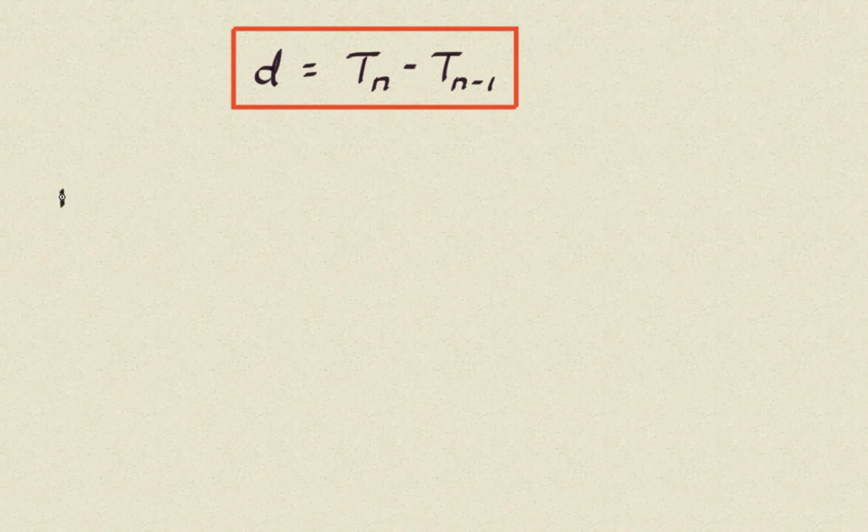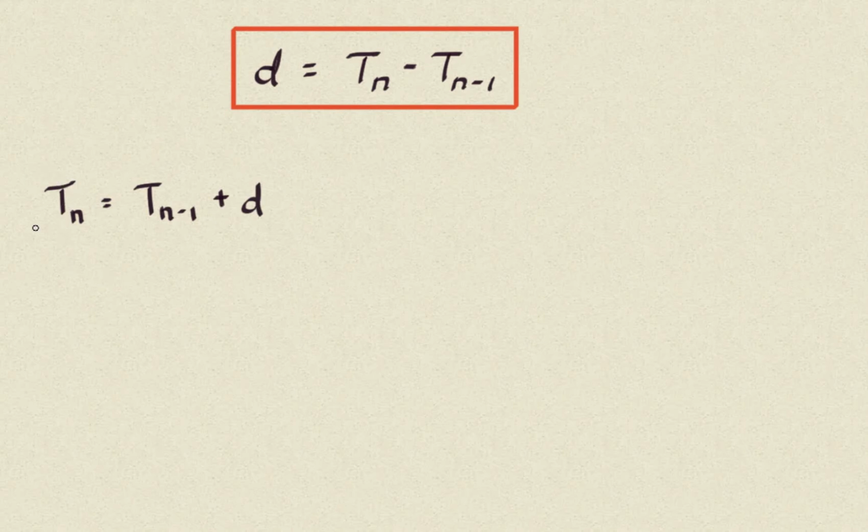So Tn would be equal to, and if we add this t of n minus 1 to the other side, we get t of n minus 1 plus d.